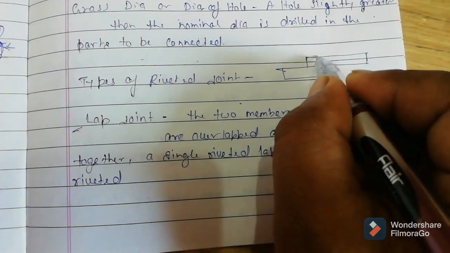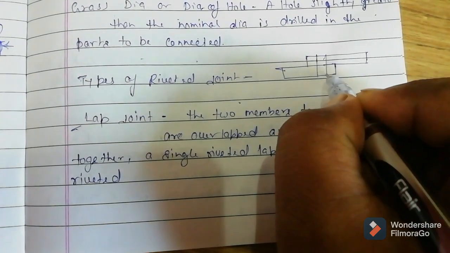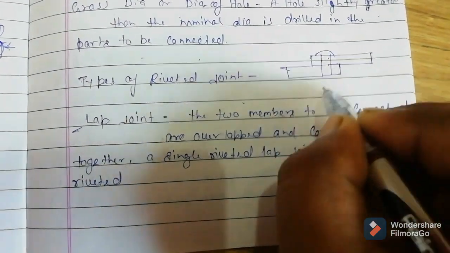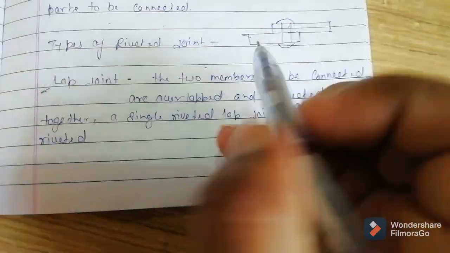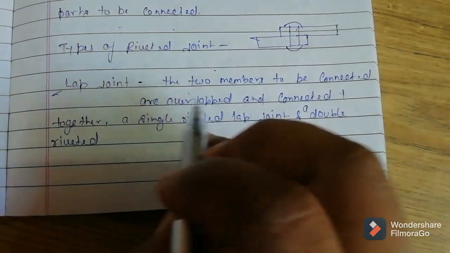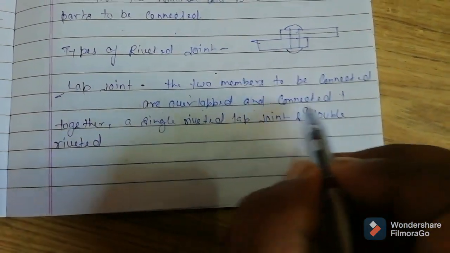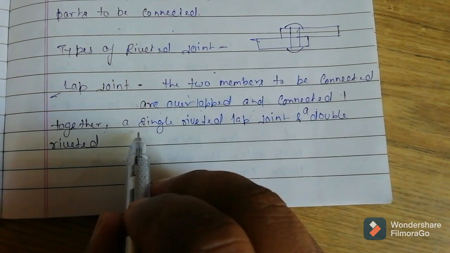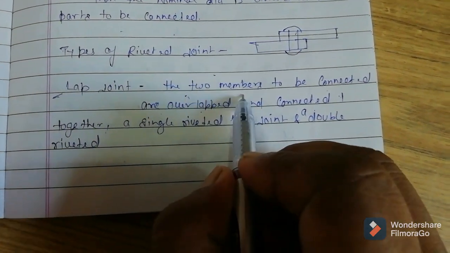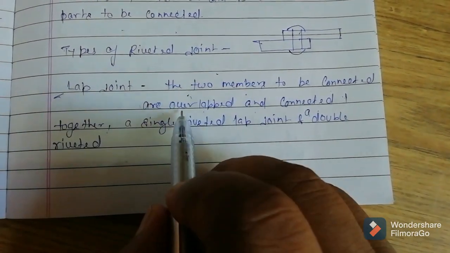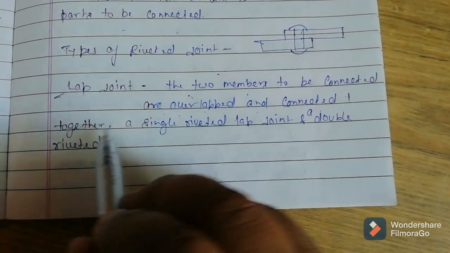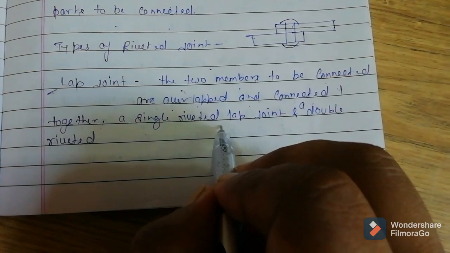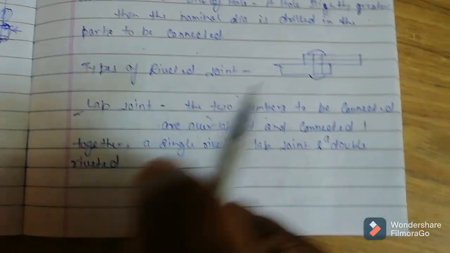Now if you apply a rivet here, this is called your lap joint. The definition is that the two members to be connected are overlapped and connected together. This is called your lap joint.